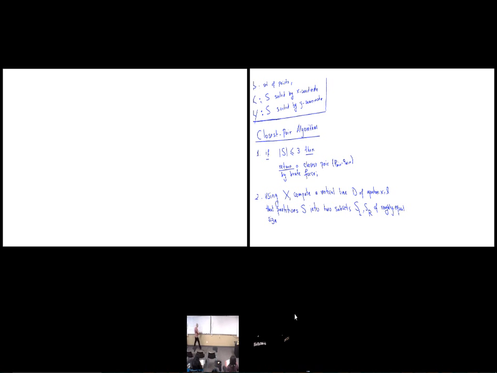For the sake of clarity of the pseudocode, I'm denoting those sets with SL and SR, because you're recursing: you start on S, and now you have to recurse on these. But for implementation, you don't really need to create those sets. SL is going to be the subarray of X from the beginning to the point in the middle. SR is going to be the subarray of X after the middle up to the end. You don't really need to create them, but it is clearer for the recursive algorithm to use these set notations.